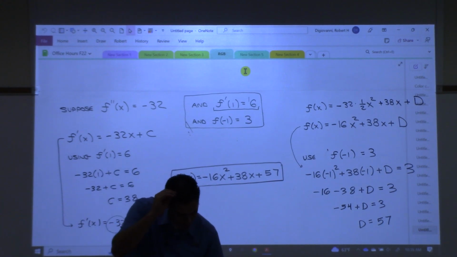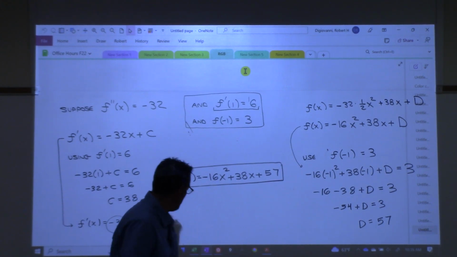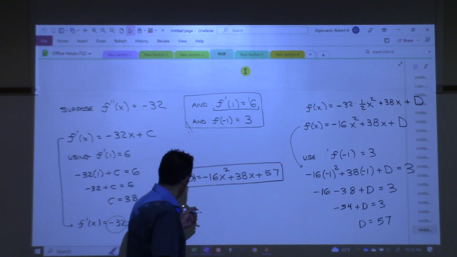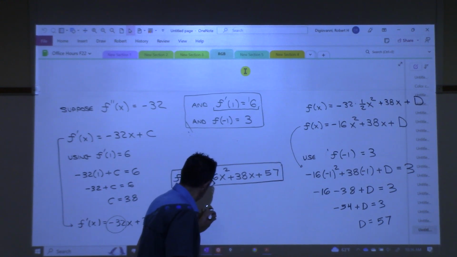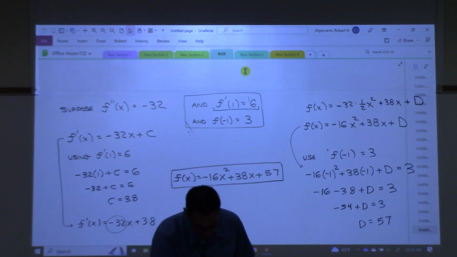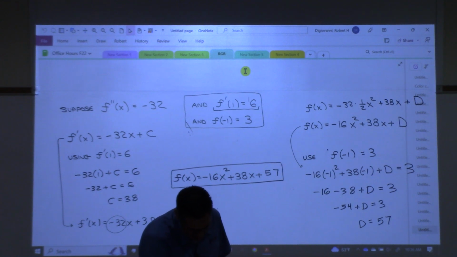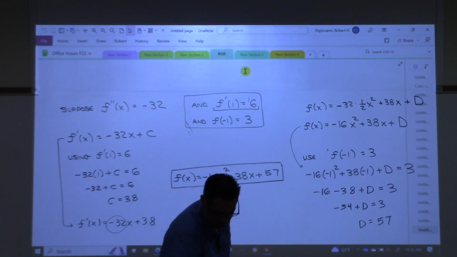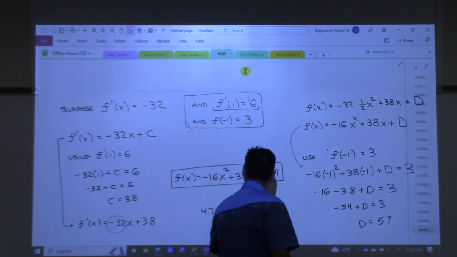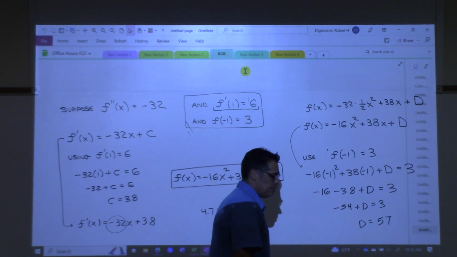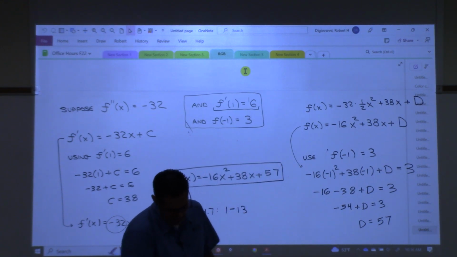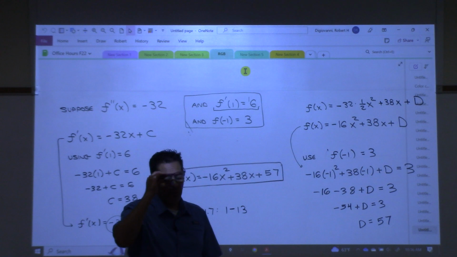From your homework, for 4.7, I would try numbers 1 through 13. I would try all of those. You can try number 14 if you want.